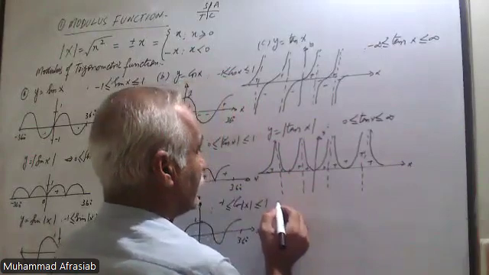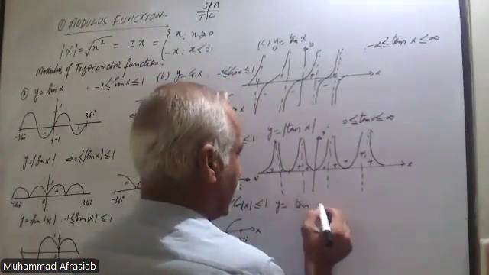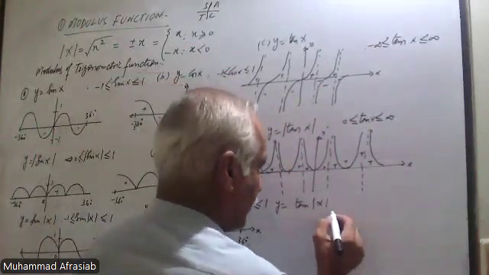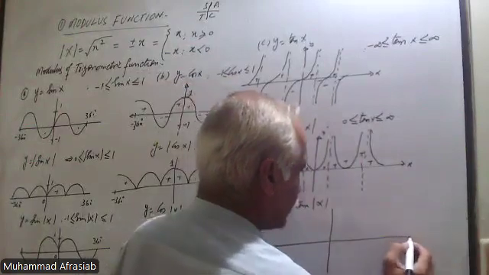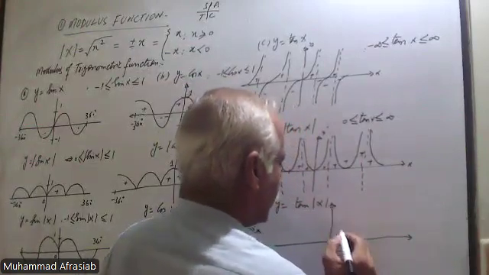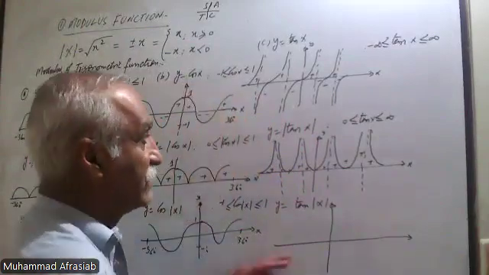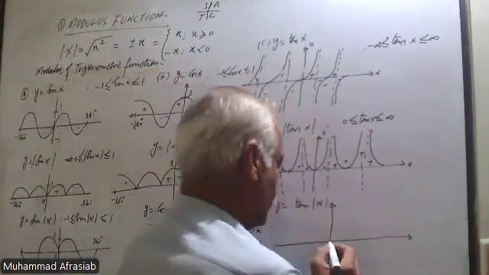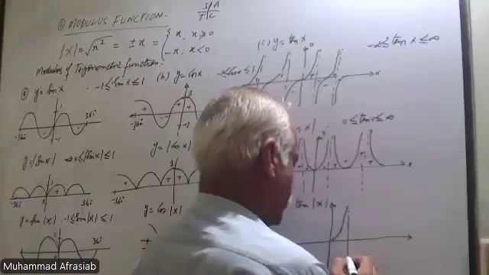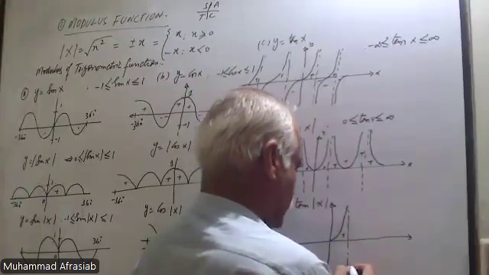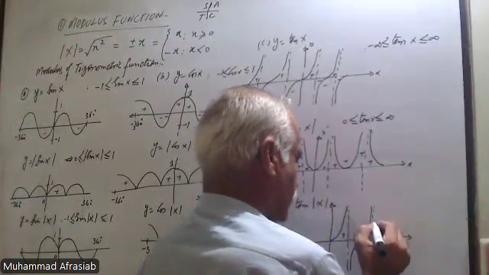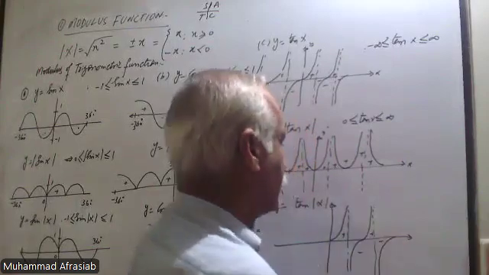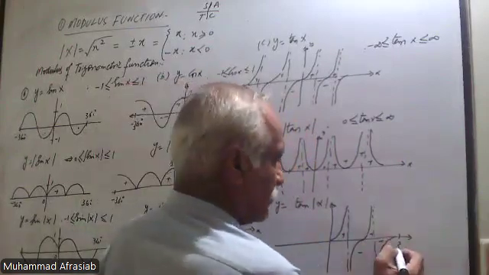And now the last graph, y equals tan of modulus x. In this graph, because it is the modulus of only x, the angle will be positive. So the same behavior of the graph of tangent of x will be on the right side, up till 360.